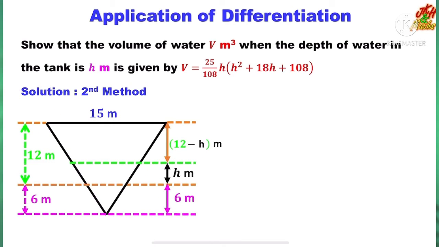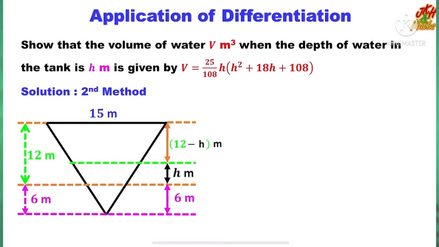Based on these cross sections of the square base pyramids, in order to find the volume, we can apply the rule of similar triangles.